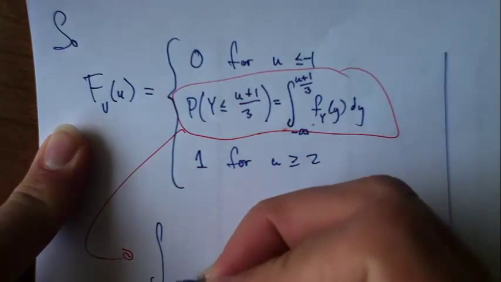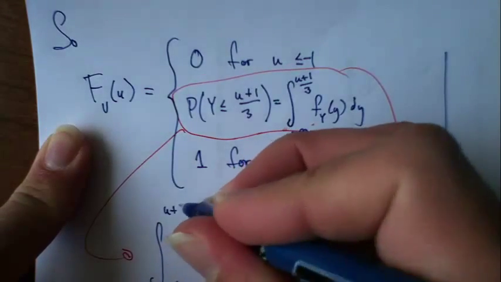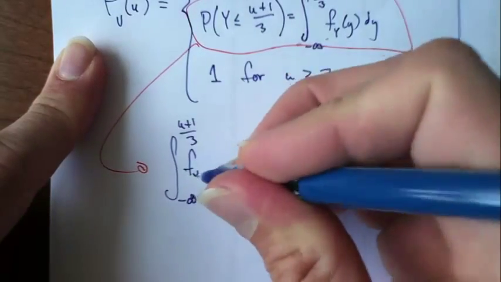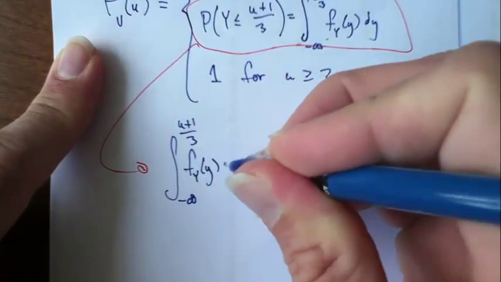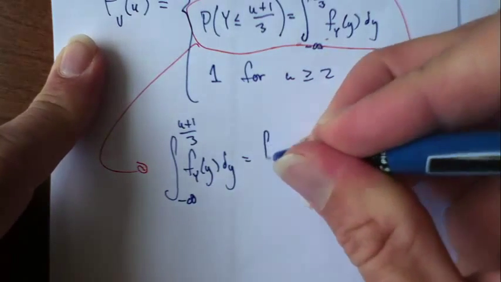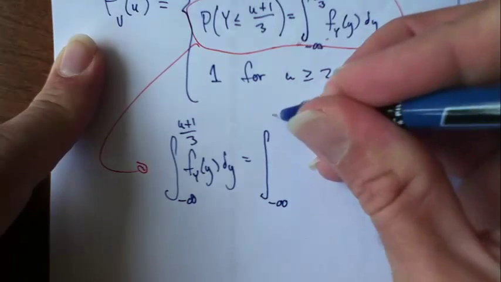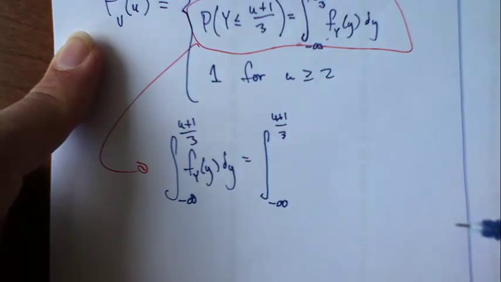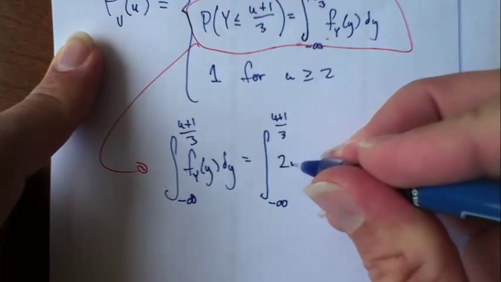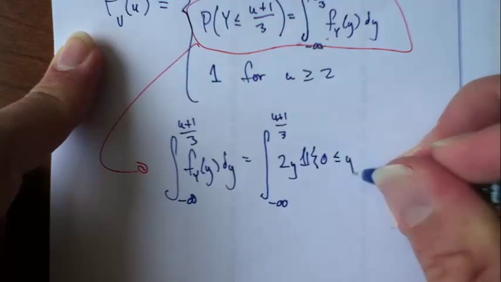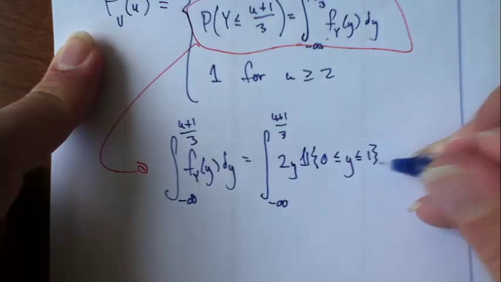The integral there of the density function for y, dy. What was that? Looking for it over here. It's 2y times the indicator of little y being between 0 and 1, dy.